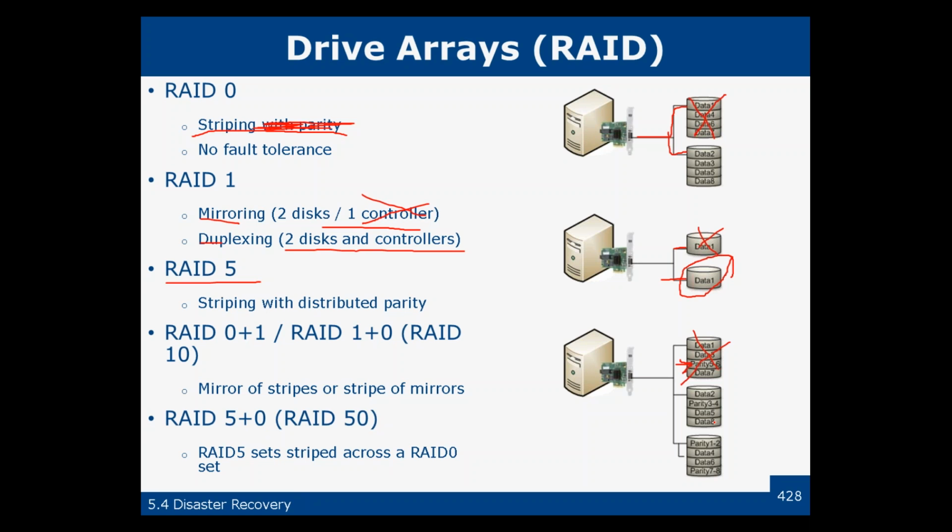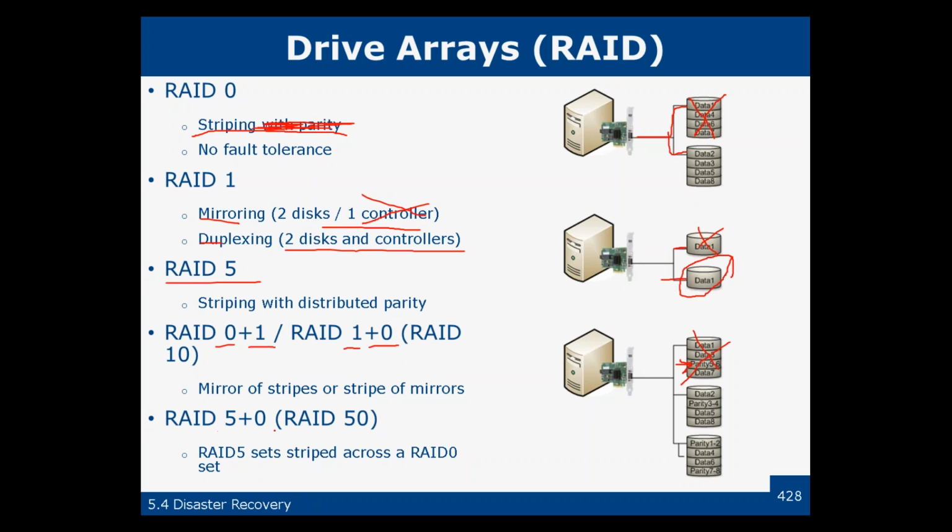RAID 0+1 and RAID 1+0 are really handy because what we have is the speed of striping and the redundancy of mirroring. The difference between a 0+1 and a 1+0 is that RAID 0+1 first does the striping and then creates the mirror. RAID 1+0 creates the mirror first and then does the striping. It's just the order that the process is done in.